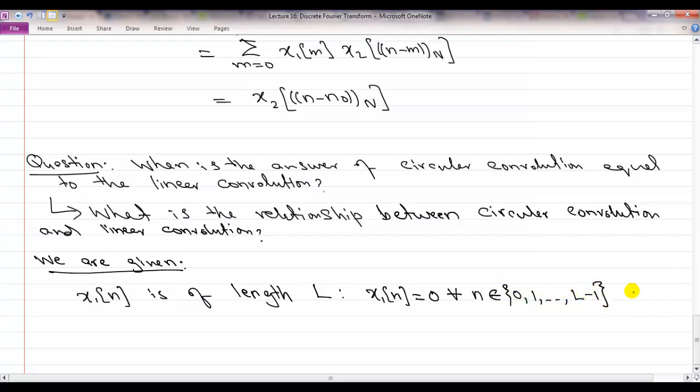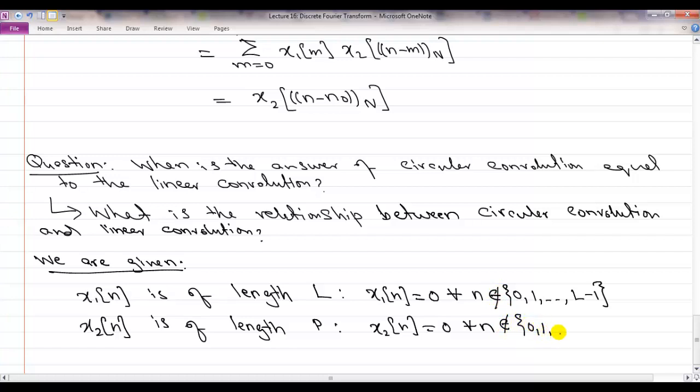It may take other 0 values within this, but outside this it is definitely 0. And then the other sequence, x2 of n, is of length P. So x2 of n is 0 for all n not in 0, 1 up to P minus 1.